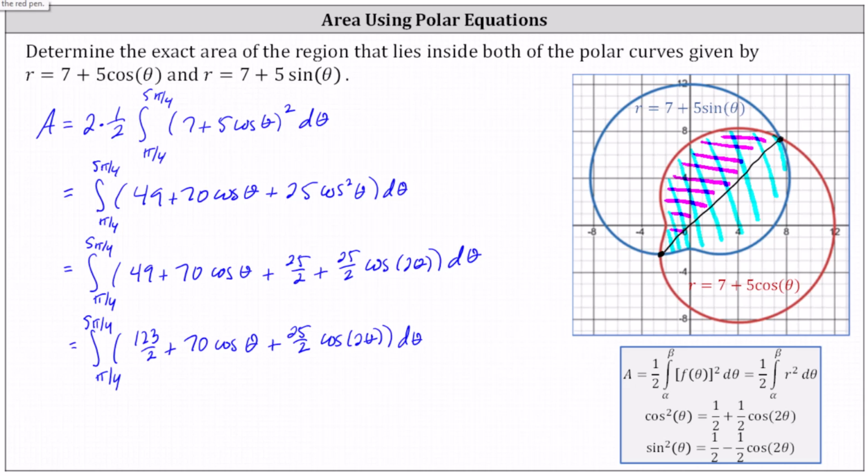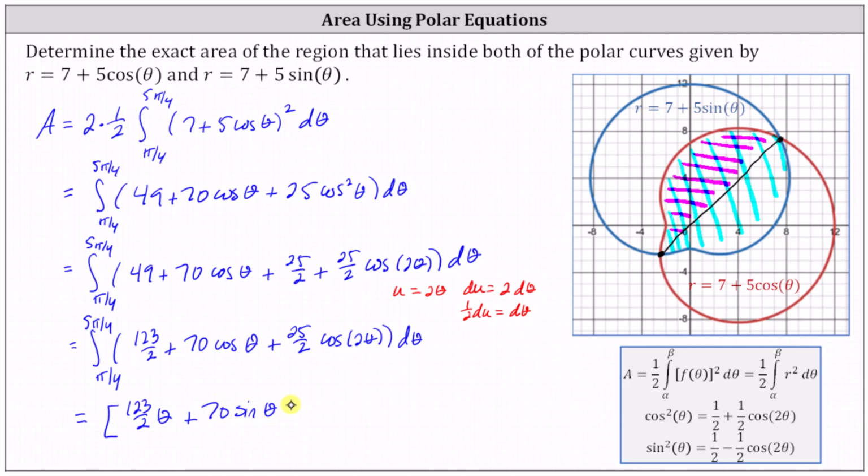Notice to integrate cosine 2 theta, we need to perform substitution, where we have u equals 2 theta, and therefore du equals 2 d theta, which indicates 1/2 du equals d theta. Let's go ahead and see if we can determine the antiderivative with respect to theta. 123 halves with respect to theta is 123 divided by 2 times theta, plus the integral of 70 cosine theta is 70 sine theta.